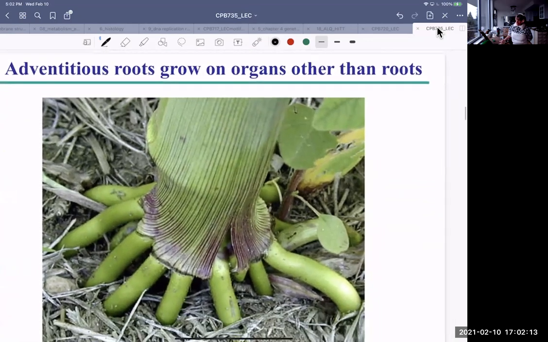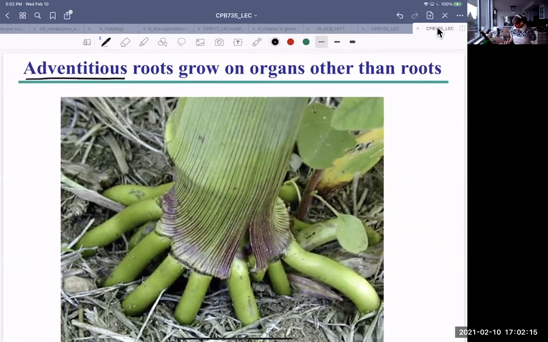So an adventitious root, the word adventitious in this case means a type of organ of the plant, but it's derived from a different organ. So adventitious roots grow from something other than the root.